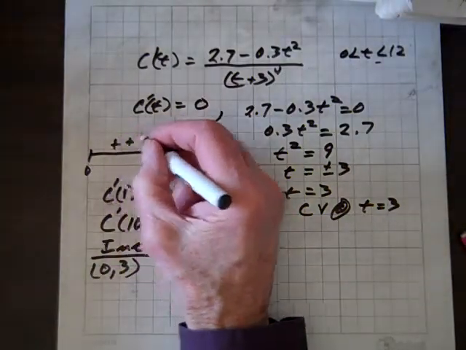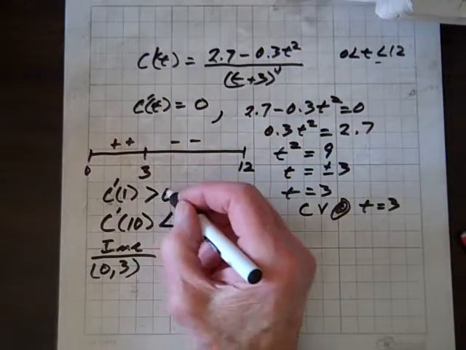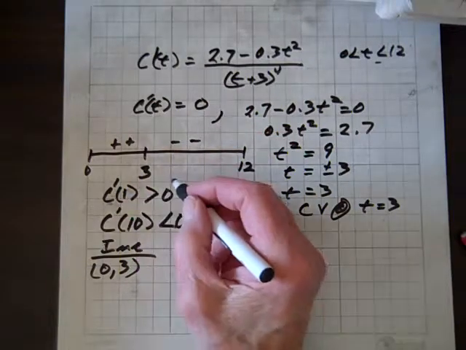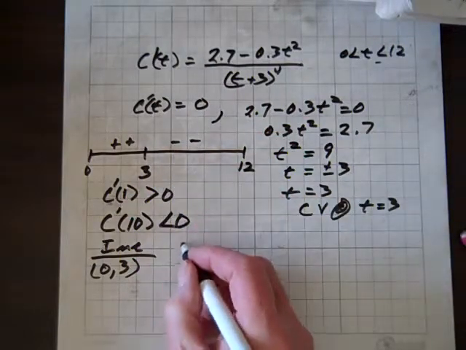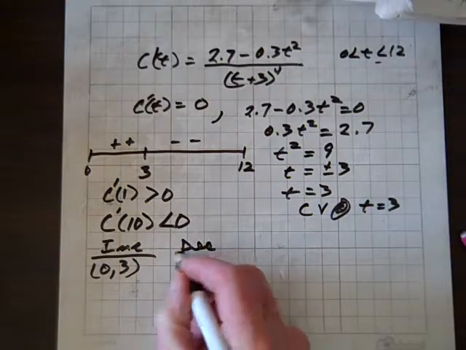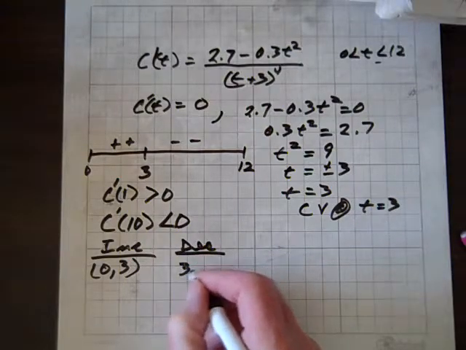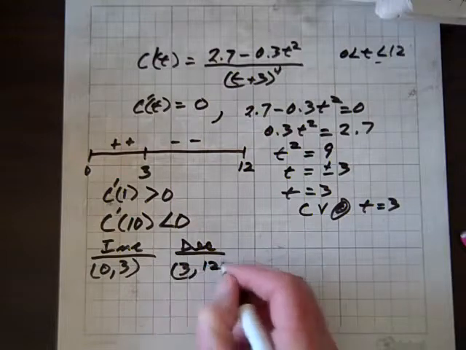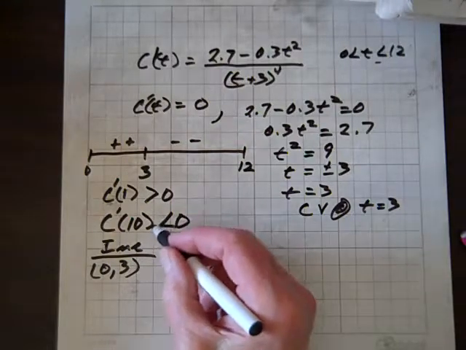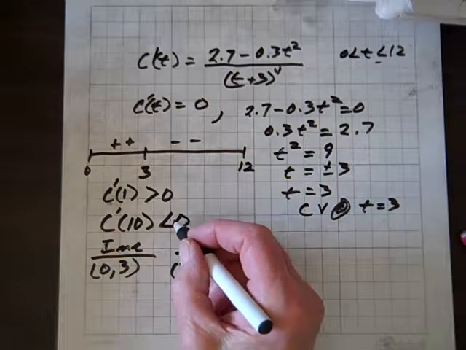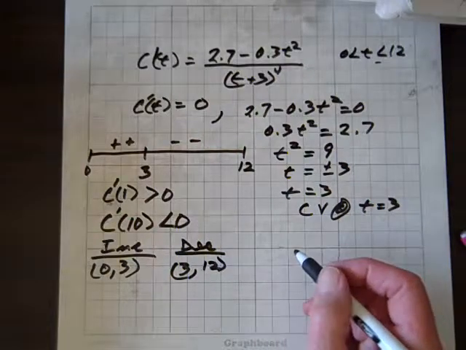And I'll put signs here to indicate that because C prime is greater than 0 in that interval. And it's decreasing on the interval 3 to 12 because the derivative is less than 0 on that interval.